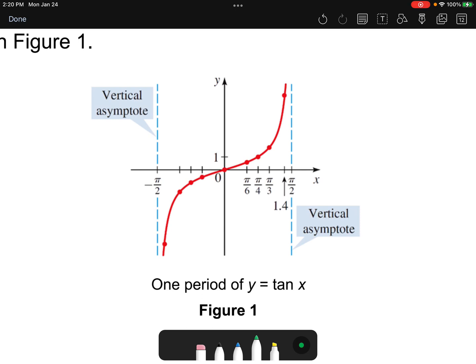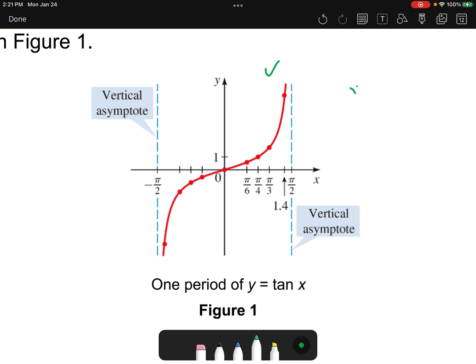On your window, put in negative pi over 2 for your x min, and pi over 2 for your x max, and let's make pi over 4 your scale. Your y min and max, you might want to go negative 10 to positive 10, by ones, and hit graph and see what kind of graph you get.